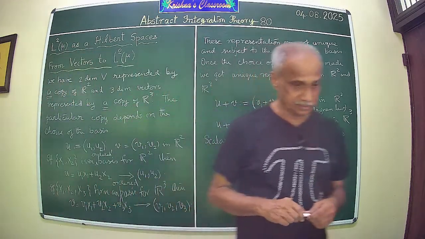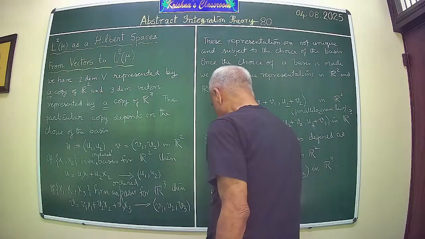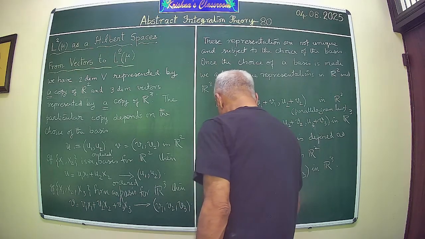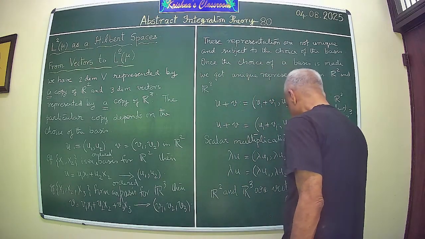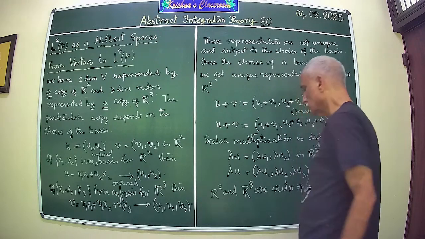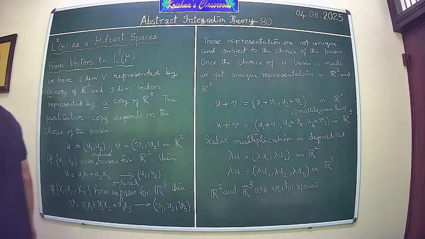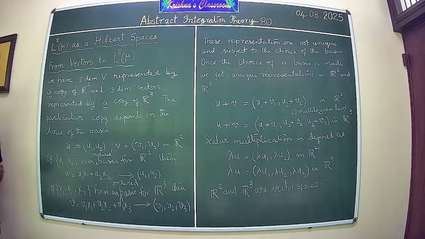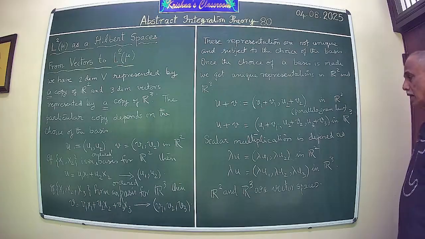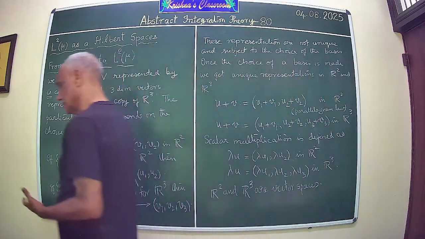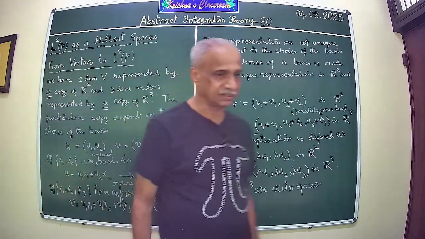Therefore, now we observe that R2 and R3 are abstractly the two-dimensional vector space, that is the plane vectors form a vector space, and in space three-dimensional vectors also form a vector space, using this addition and scalar multiplication.